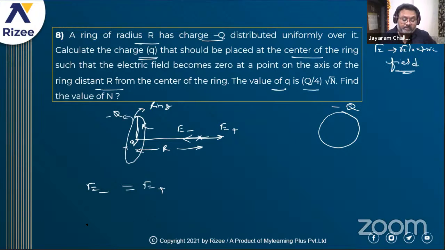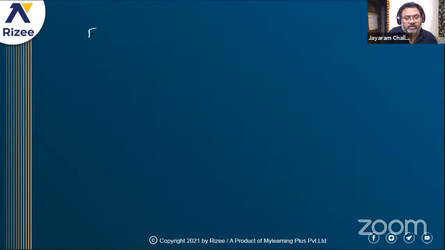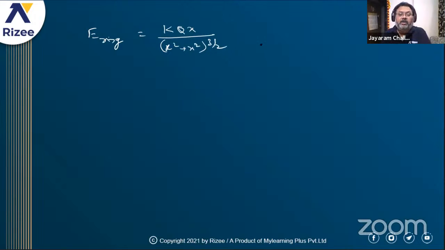So this is the one. Now substitute the values, sir. E1 is equal to E2. So first, I'll go for E because of the ring. The electric field because of the ring along the axis is equal to kQx by (r square plus x square) whole to the power of 3 by 2. Your x value is also r.